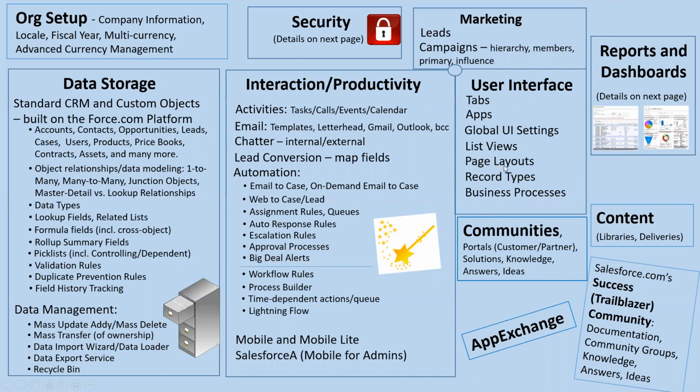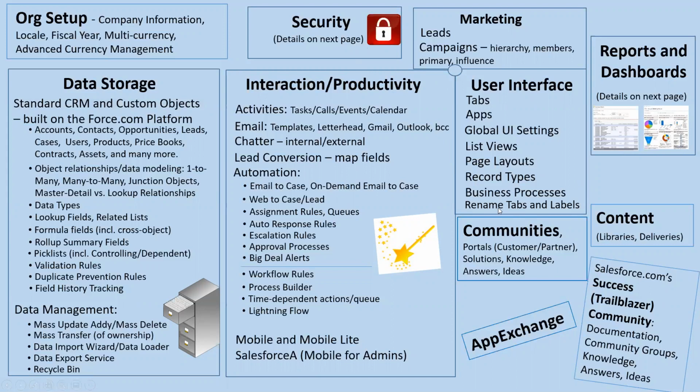And then you might have a completely different page layout showing different fields or requiring different fields. And so these three tools, page layouts, record types, and business processes, along with which profiles these things are assigned to, can be used in different combinations depending on the needs of the organization.